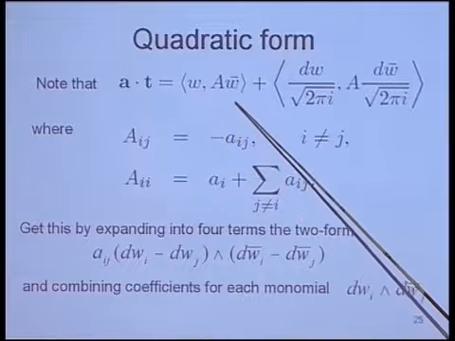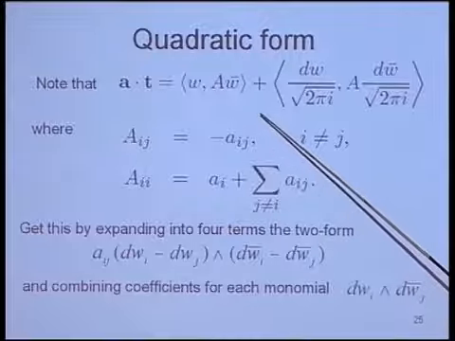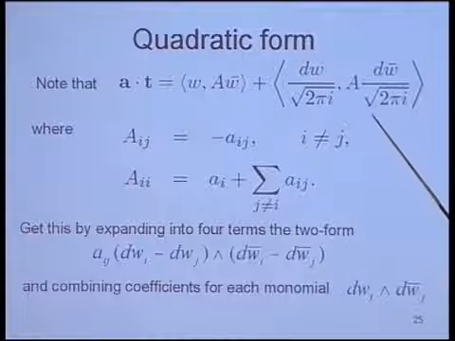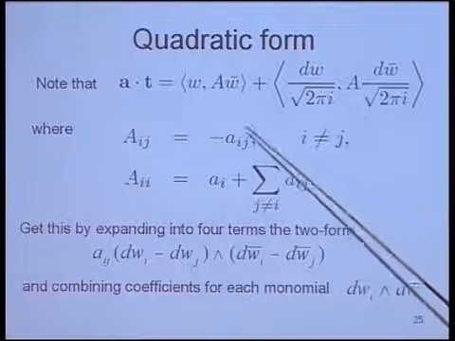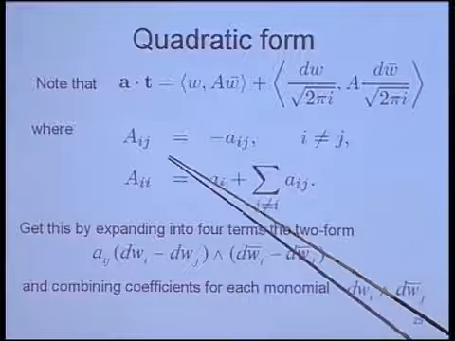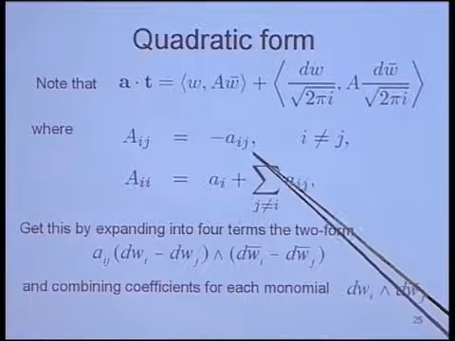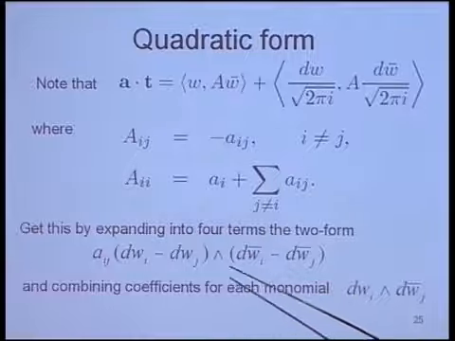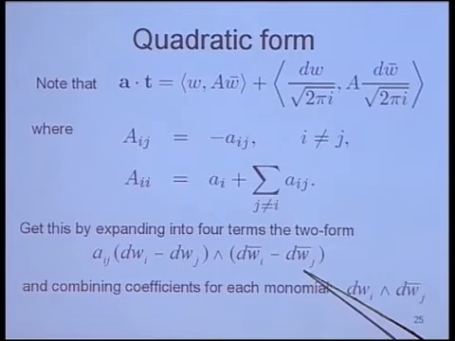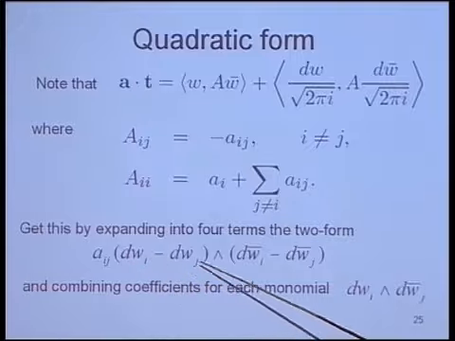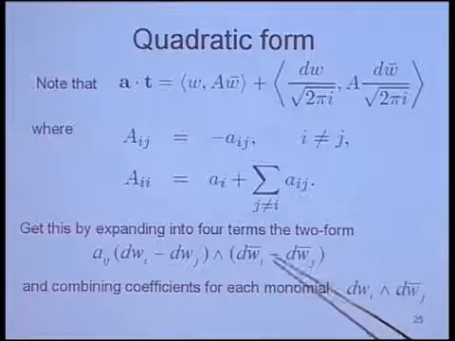So there's a tiny bit of algebra that needs to be done here. A dot t needs to be represented as a quadratic form rather than as an inner product of a with the t. So to accomplish this, you just define a quadratic form by negating the aij and then taking this combination of the a's. And really what's going on here is when you expand this out into its four terms, there'll be some terms like aij, dwi, dw bar i, and so those are properly put into the diagonal piece.